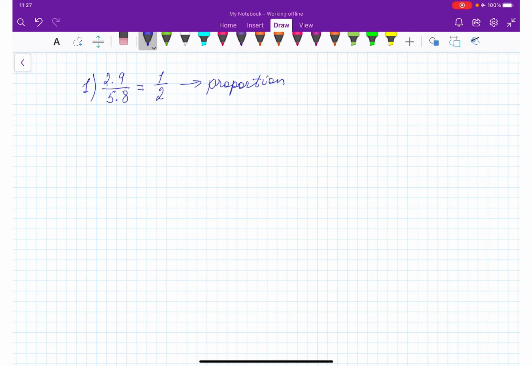Or I can write down 3 over 7 is equal to x over 49. This is also a proportion.